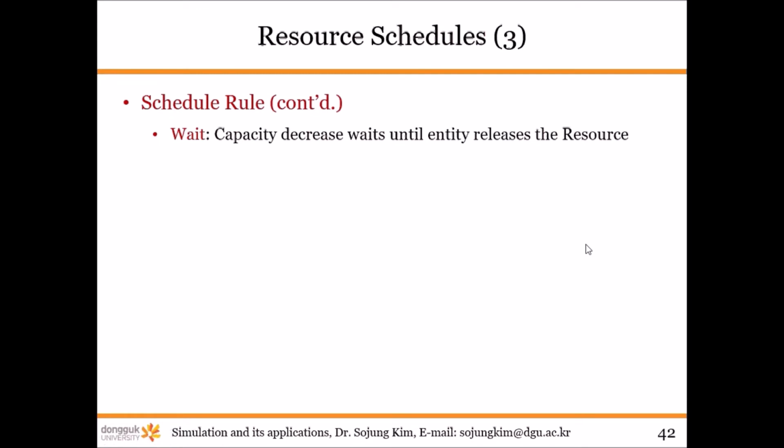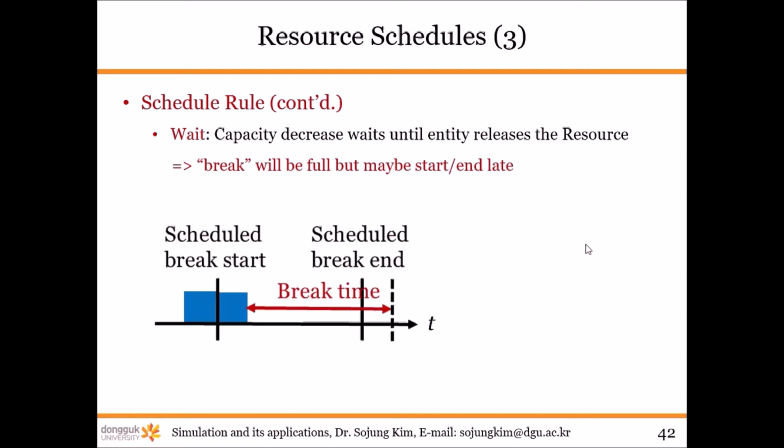And there is another rule called wait. So capacity decrease waits until the entity releases the resource. So the break will be full, but maybe start and end late. So there is a start break, and then there is a scheduled break start and a scheduled break end here.